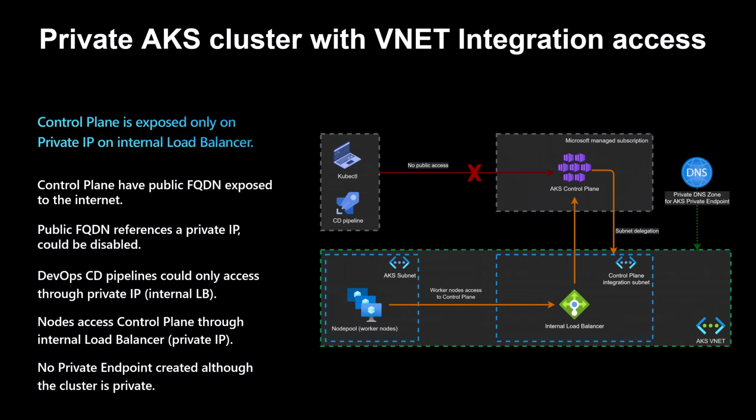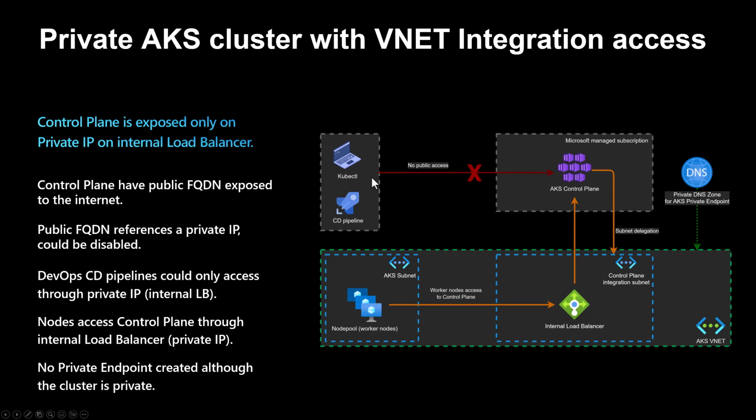Let's see now how to work with a private cluster that uses VNet integration. With this mode, the thing that will change is that the control plane will have only a private IP address exposed on an internal load balancer that is injected into the AKS VNet through a delegated subnet.